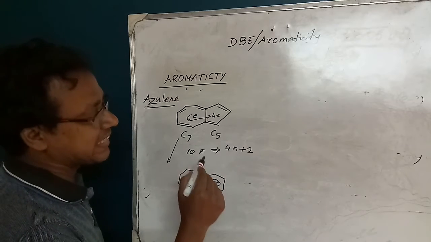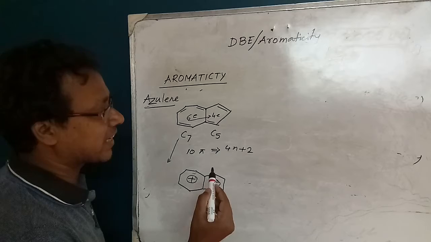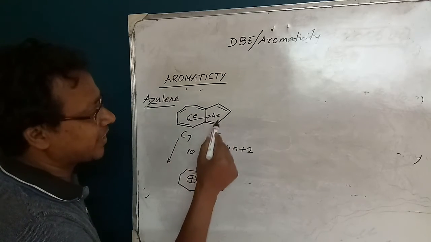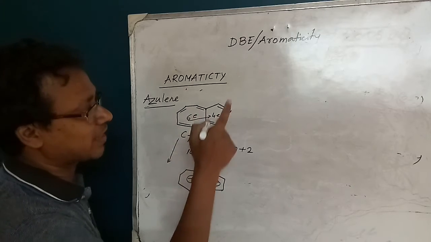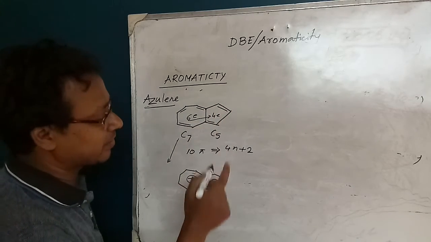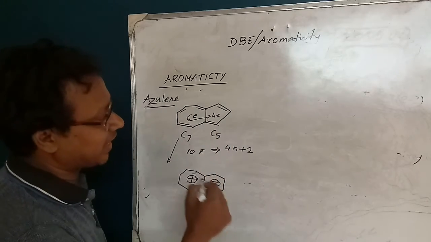That's why it is colored, due to electronic transition. At the same time, all are in one system. That means electrons are circulating between these two rings. That's why together they are aromatic.